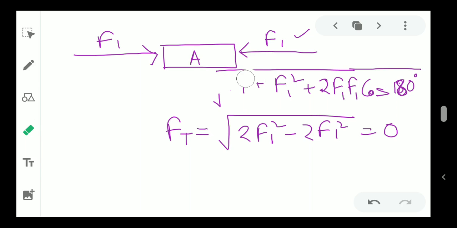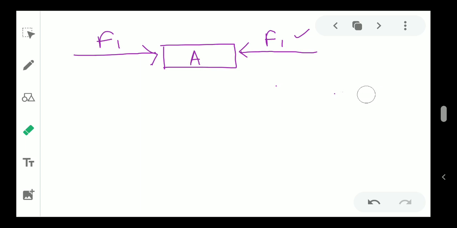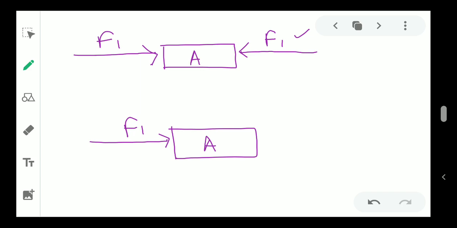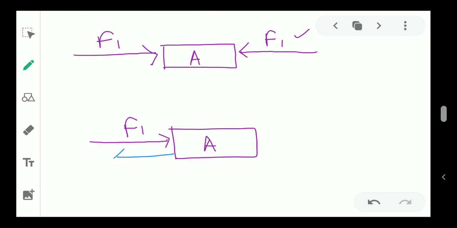But take the situation where only one force acts on block A. I give F1 force on block A, and block A gives another reaction force opposite of F1, with value F1 only. So in this case the total should become 0, but it will not. Why?